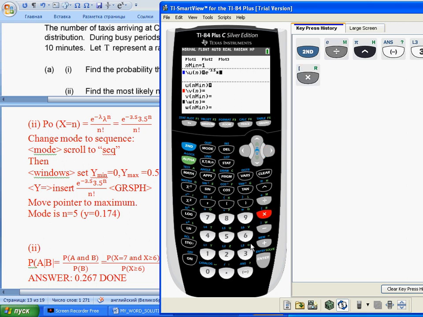multiply by 3.5 raised to get n. Now it will be not x but n, divided by n, and here we need factorial.